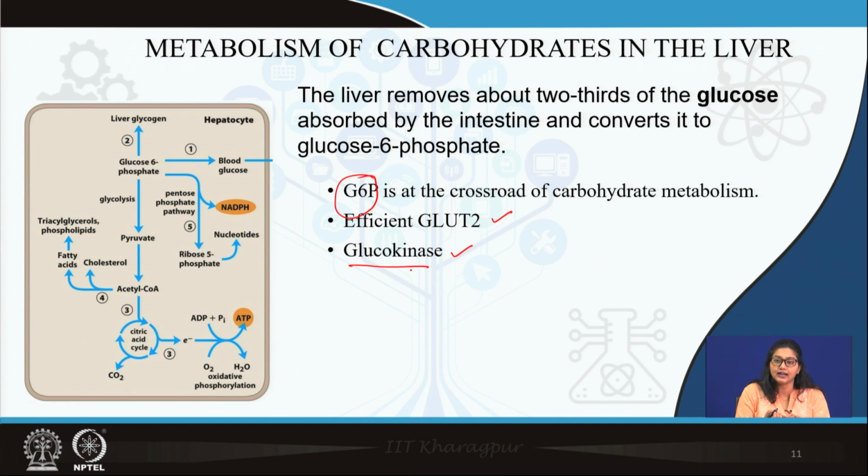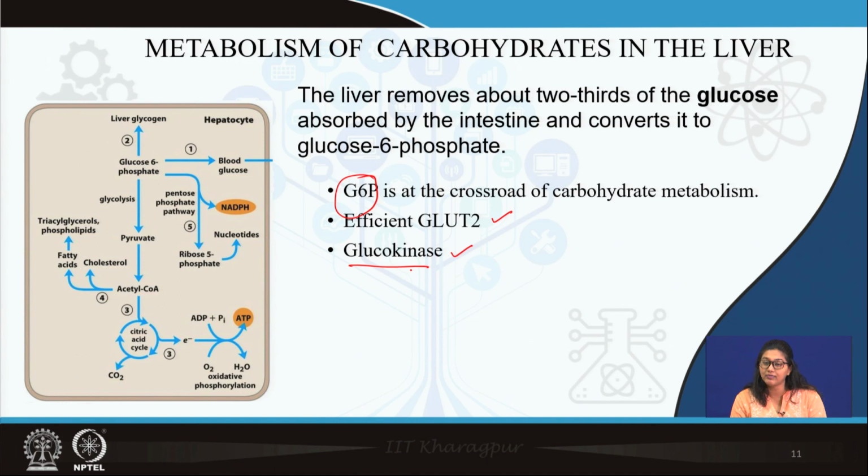When we take a high carbohydrate meal or at the post absorptive phase, there is around 10 millimolar concentration of glucose in the circulation, and GLUT2 is such an efficient transporter that it maintains the concentration of glucose in liver around 10 millimolar, and it is also accompanied by the function of glucokinase.